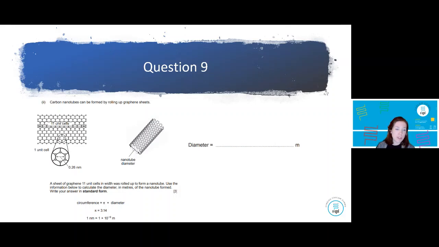So they've given you here the equation, which is circumference is pi times diameter, and they've also told you what pi is, which is 3.14. And 1 nanometer, of course, is 1 times 10 to the minus 9 meters. So can you please calculate the nanotube diameter?